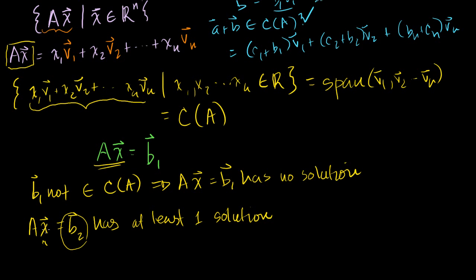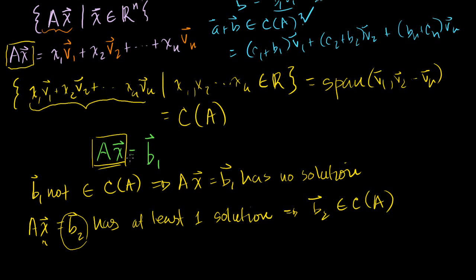There are some x's that when you multiply them by A, you definitely are able to get this value. So this implies that b2 is definitely a member of the column space of A. Some of this stuff, on some level, is almost obvious. This comes out of the definition of the column space. The column space is all of the linear combinations of the column vectors, which another interpretation is all of the values that Ax can take on.